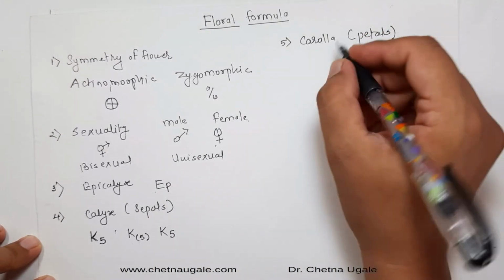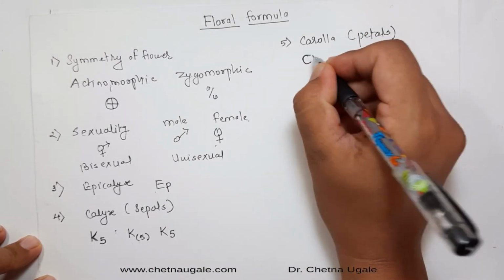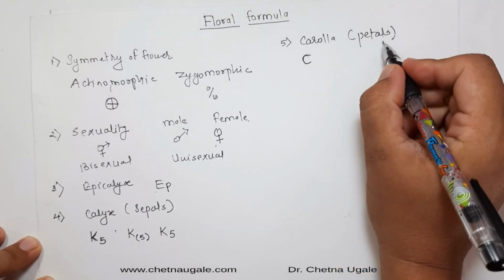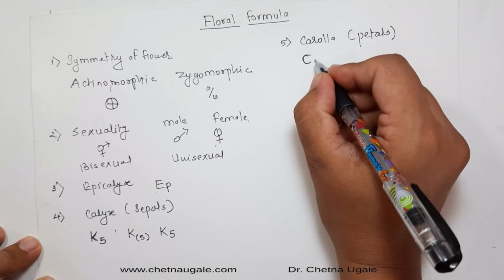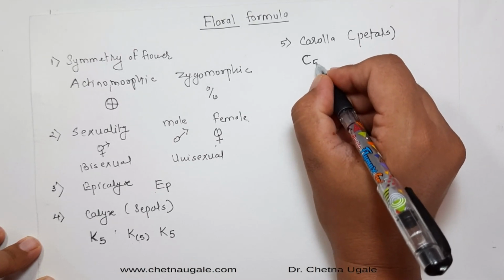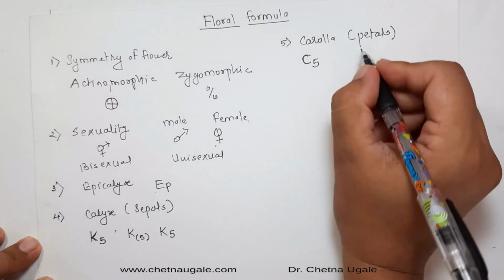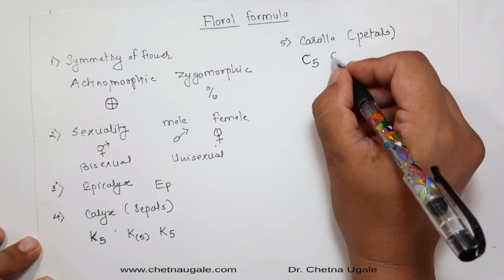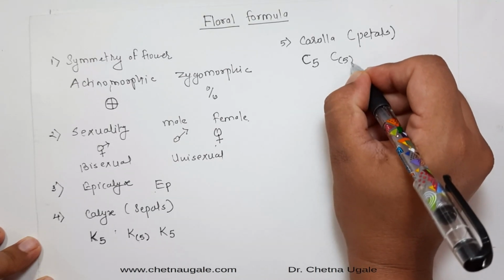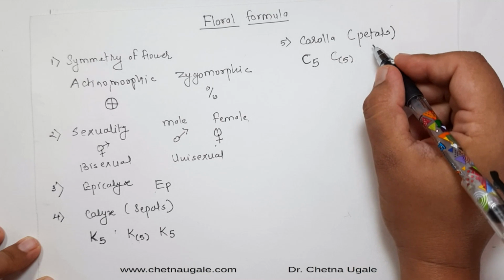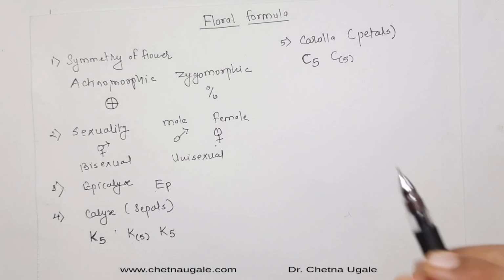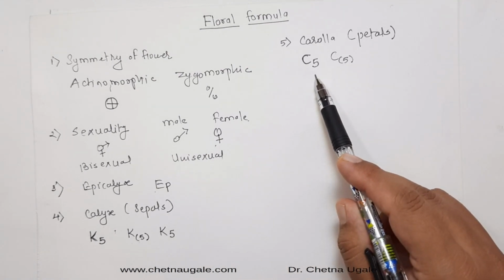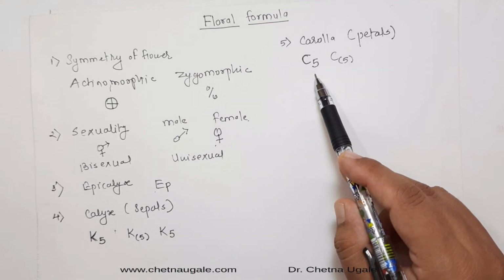The corolla is represented by the capital letter C. The number of petals composing the corolla is denoted by the number subscript to the capital C. When the petals are fused, this number is written in parentheses, that is the gamopetalous condition. And when the petals are free, then it is simply written as 5 subscript to the capital C, that is the polypetalous condition.